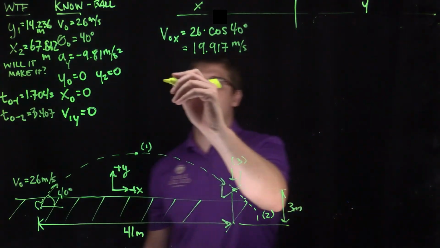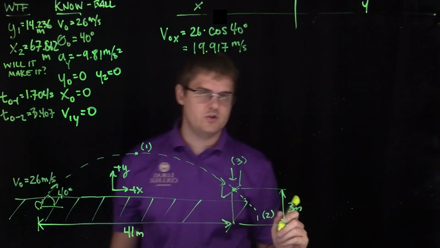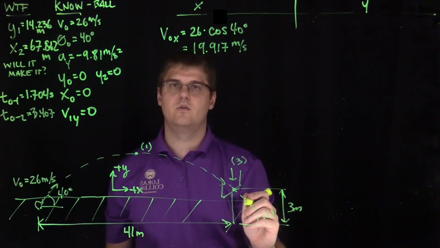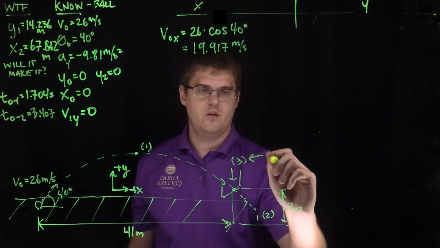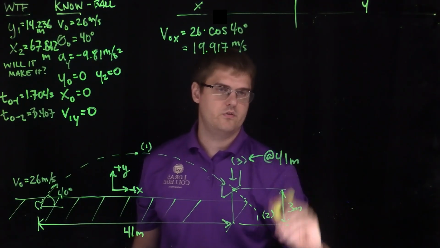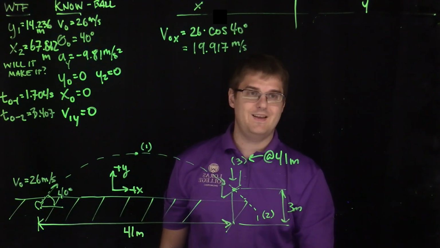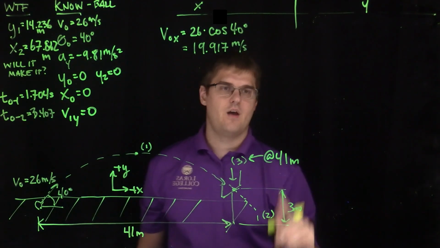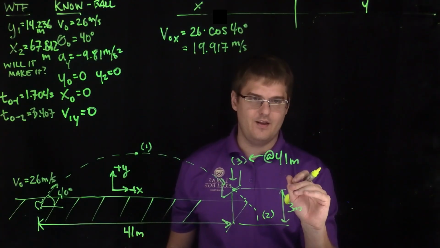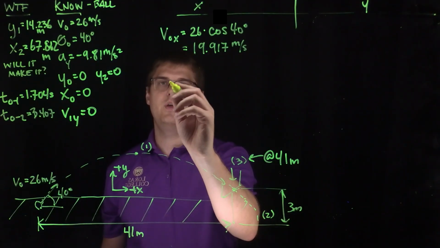So I can throw up this equation for position 3, and I can say that position 3, in this case, is at 41 meters. So that is my definition of position 3 in this case. It'll be different in the second way to solve this, so bear with me there.